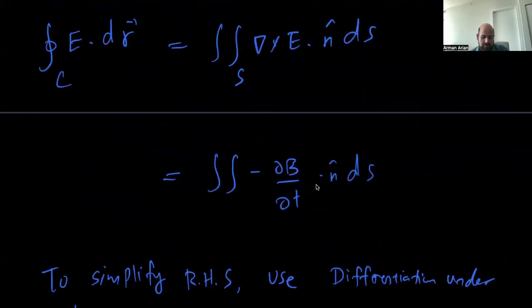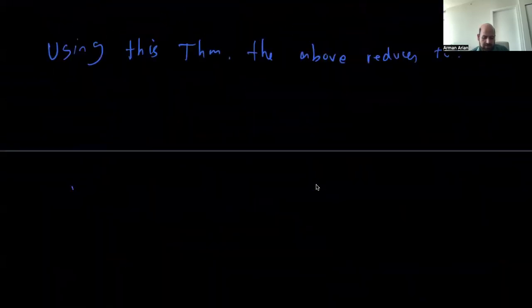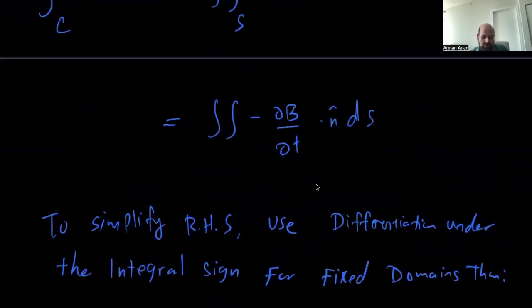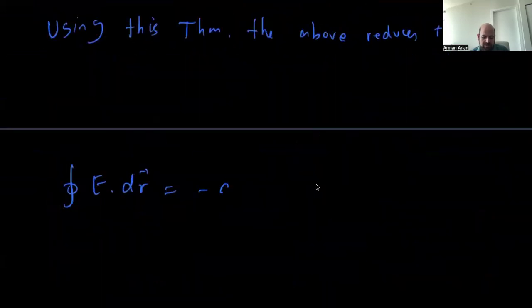what does it become? So we were here. The integral of E dot dr becomes, on the right-hand side, there was an extra minus, and then we could take the derivative out. So minus d to dt of the integral of B dot n dS.